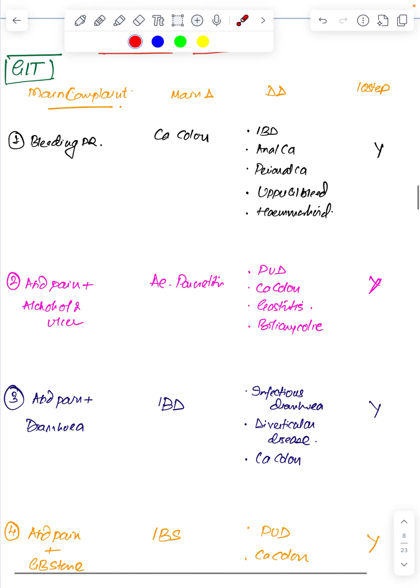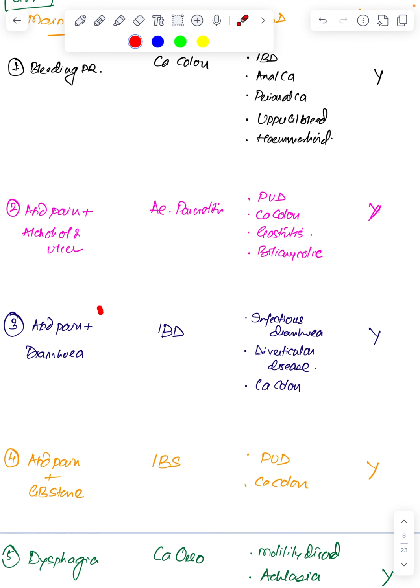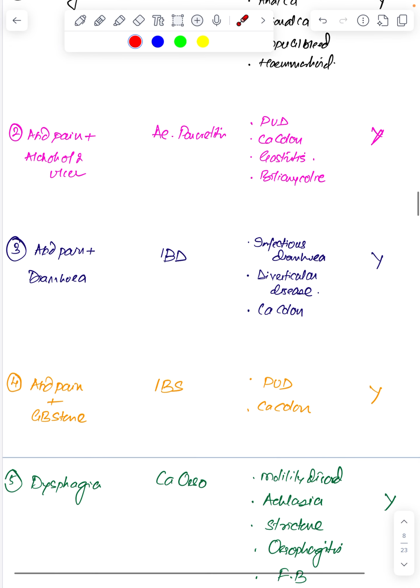Then the patient is complaining of abdominal pain, is alcoholic: ulcer, acute pancreatitis. The differential diagnosis you have to keep is peptic ulcer disease, CA colon, gastritis. Abdominal pain along with diarrhea: irritable bowel disease, infective disease or cancer.